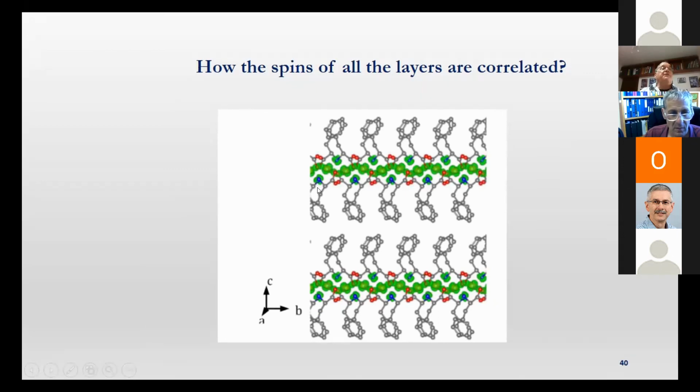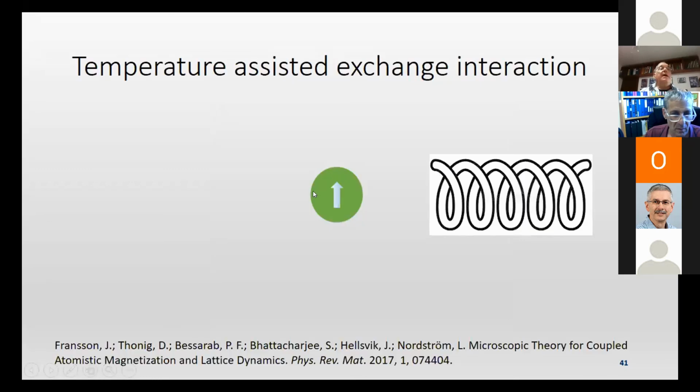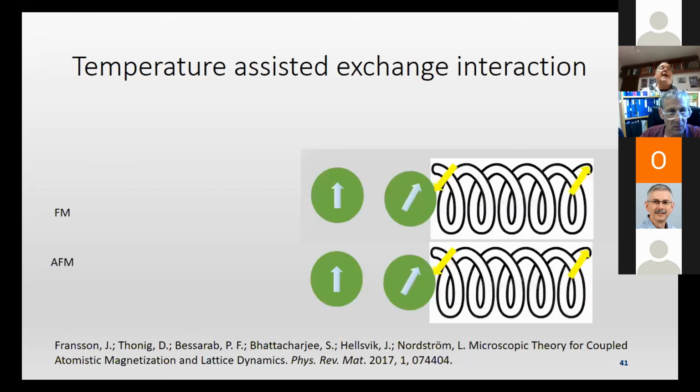So here we propose the following model. Basically, we think that at low temperature, we have some exchange interaction that makes the system either ferromagnetic or antiferromagnetic. The temperature slightly increases, then we get into a paramagnetic state. But then when the temperature is going even farther up, the atoms are moving in the cavity, the copper ions are moving towards the lattice.